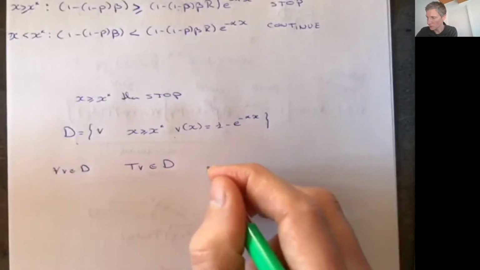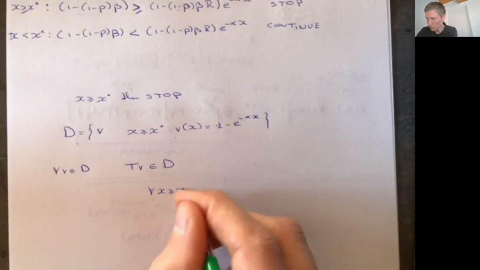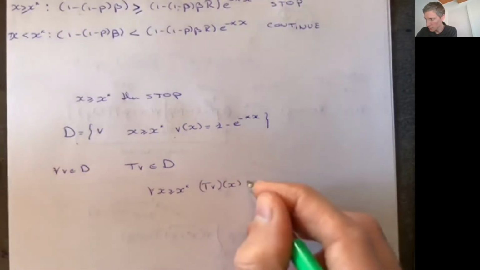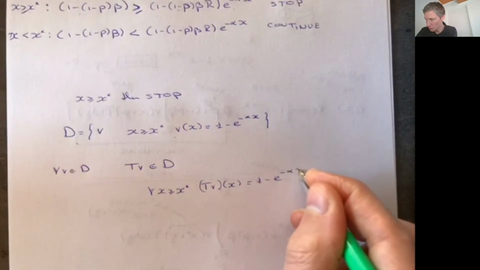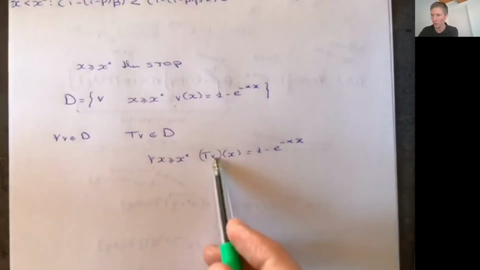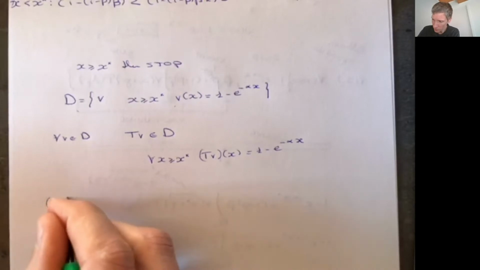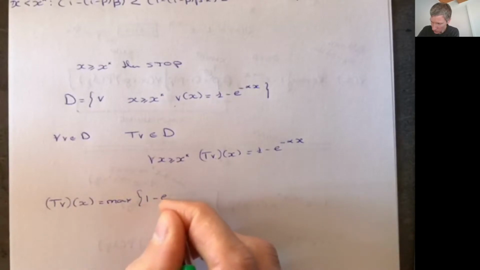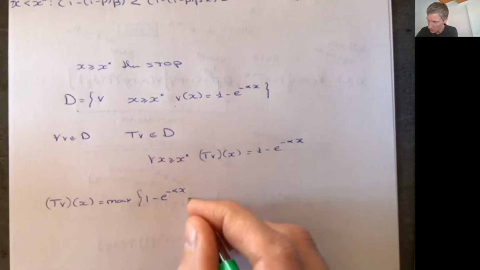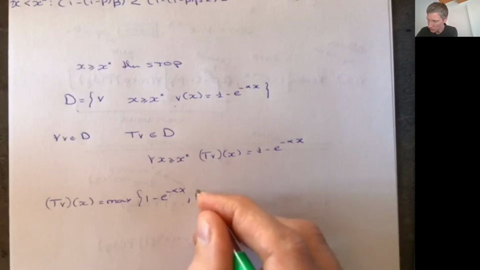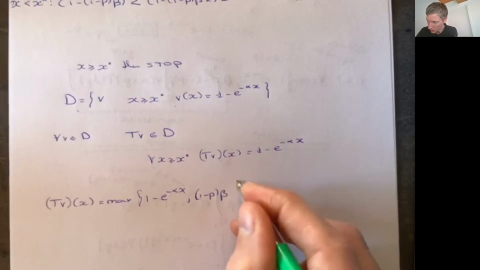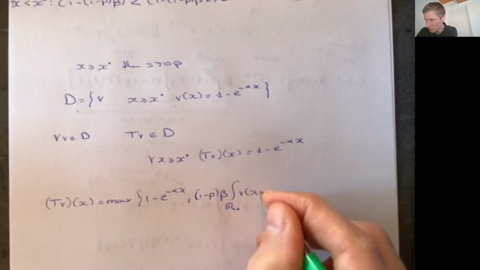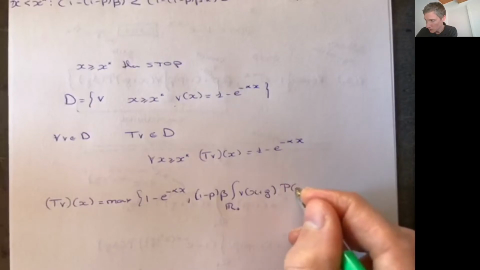So in other words, I need to show that for all x greater or equal to x star, T of v of x is equal to 1 minus e to the minus alpha x. Okay, so let's compute this. I have Tv of x is equal to the maximum of 1 minus e to the minus alpha x, and then 1 minus p times beta, integrating over R plus of v of x plus g, p of dg.